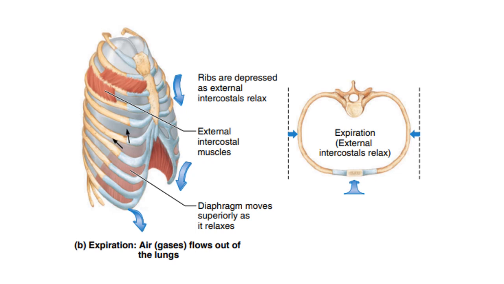So the volume of the lungs and the thorax decreases, and that will increase the pressure inside the thorax, and that will cause air to move from high pressure inside the thorax to lower pressure outside in the ambient environment, and that will lead to exhalation. Again, air moves from high pressure to low pressure, from inside to outside, causing exhalation.